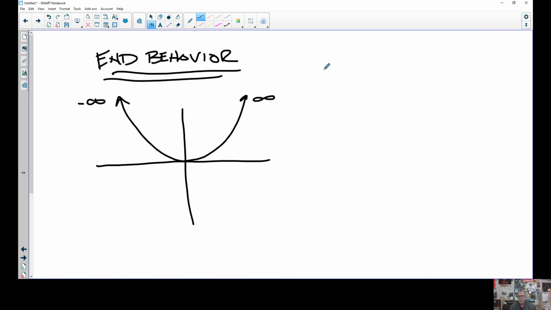If they tell you to describe the end behavior of a graph, if they ask to describe it, you're going to just do 2 things. And I do it a little bit different than the book because I think it makes more sense.